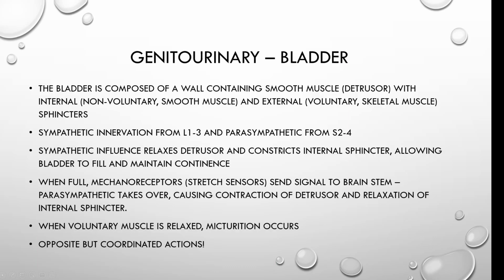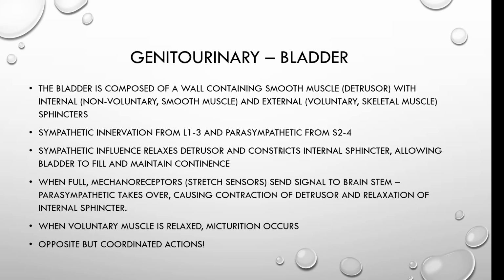Now we're going to talk about the genitourinary system and specifically about the bladder. The bladder is an organ that's composed primarily of smooth muscle, and we call that muscle the detrusor muscle. There are two sets of muscular sphincters that hold urine in the bladder or release urine from the bladder. There is an internal sphincter that is non-voluntary smooth muscle, part of the detrusor muscle.